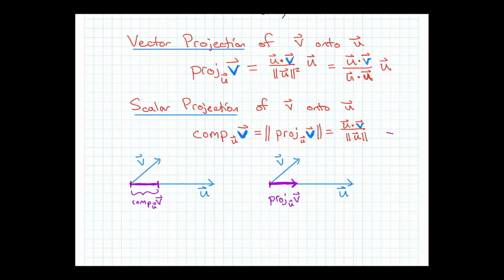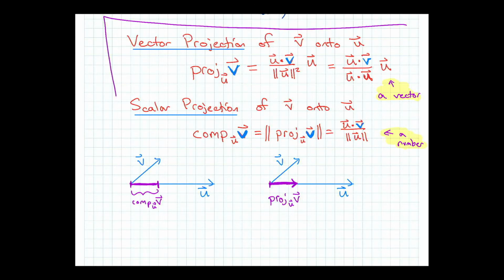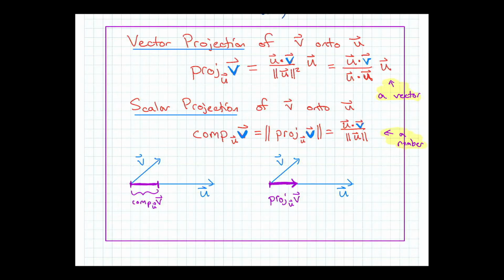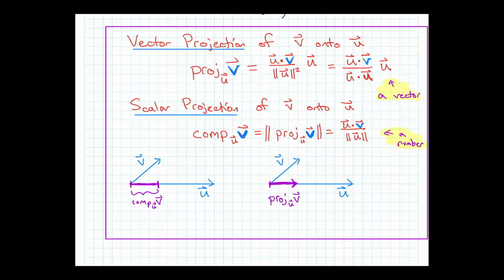So this one's a number, and this one is a vector. And so those are very useful things to be able to calculate. They do come up a fair bit. All right.